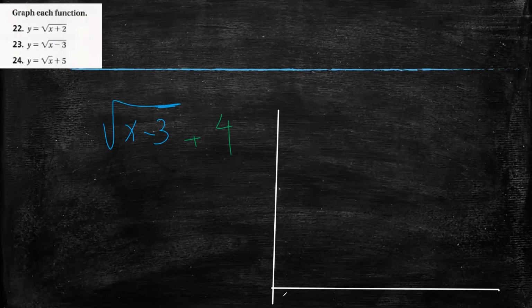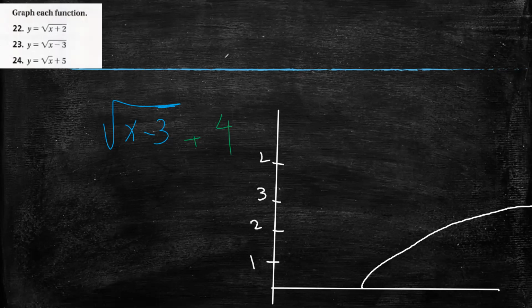First I will draw the parent function. Then x minus 3, so I have to go to the right 3 steps. So 1, 2, 3. Then plus 4. That means I have to go upward 4 steps. Then on this side, at number 3, because I moved it to the right first.